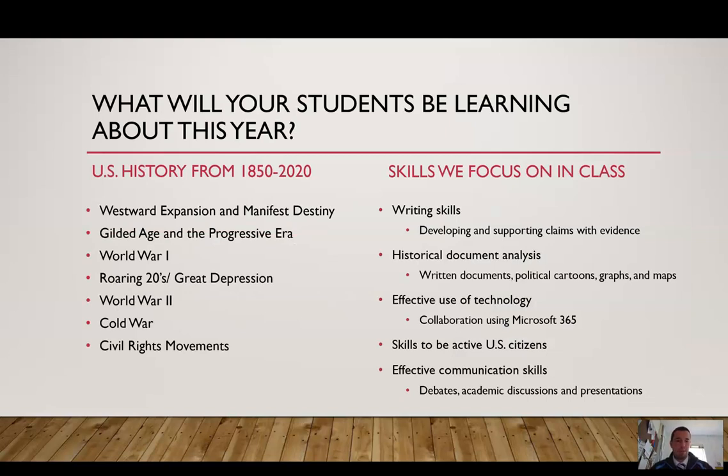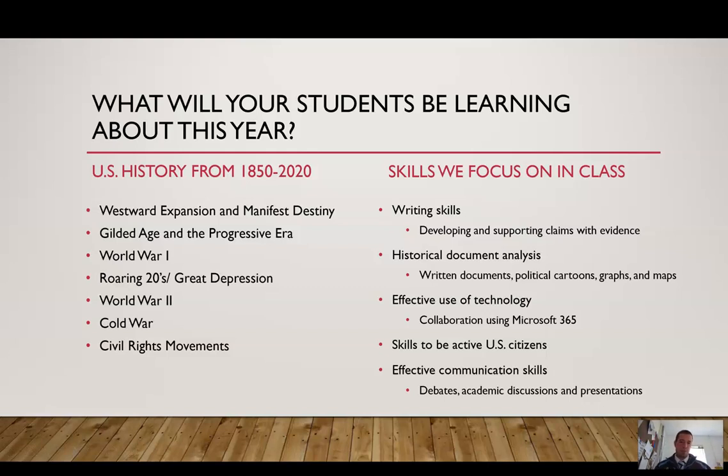A lot of people want to know what we cover this year. And of course, this year is going to be a lot different, as is already shown by this video. We traditionally cover major events in U.S. history from 1850 to 2020. These include Western expansion, the building of the Transcontinental Railroad, big business, growth of cities, and the Progressive Era.